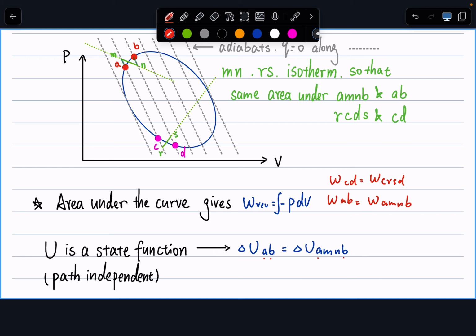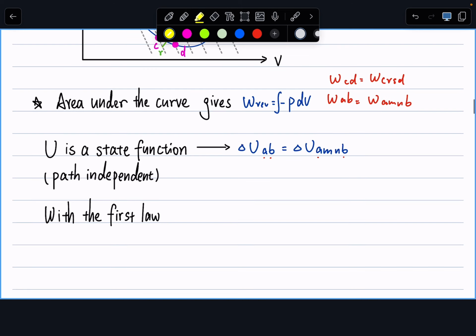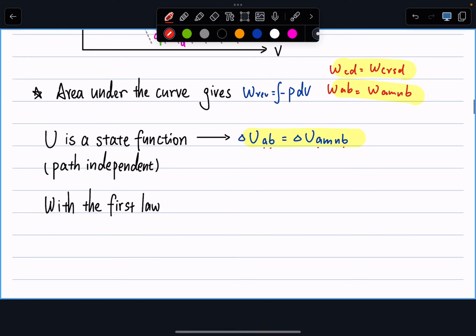All right. Now the next one we want to use is taking these two together. We know our first law tells us delta U equals W plus Q. So here's the logic behind it. Delta U_AB equals delta U_AMNB.